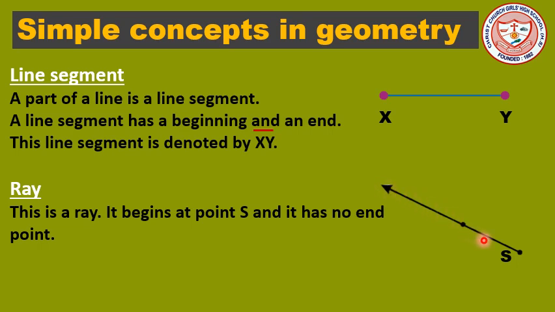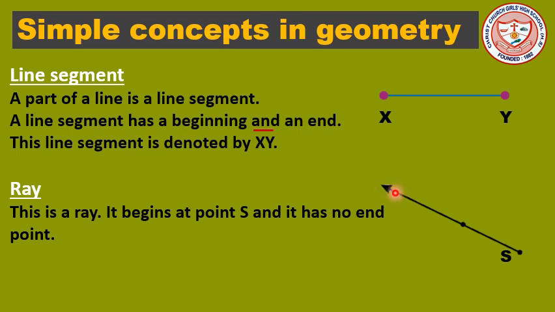If we think about the sun rays, we know that the rays of the sun are coming from a fixed point, that is the sun, and the ending point is not a fixed one, right? It is never ending.